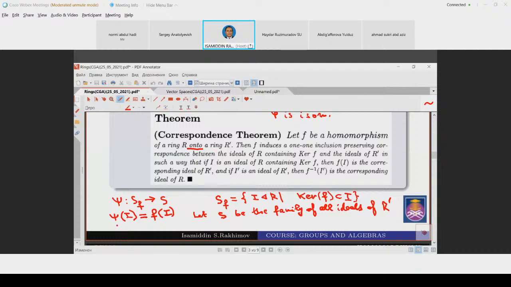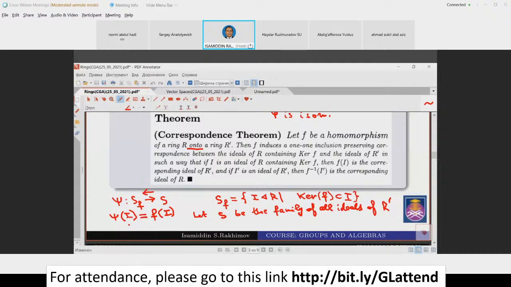So the inverse from S to S_F is given as follows: psi minus 1 of J, which is F minus 1 of J. Please pay attention here: this is the set-theoretical pre-image. This is the inverse of psi.